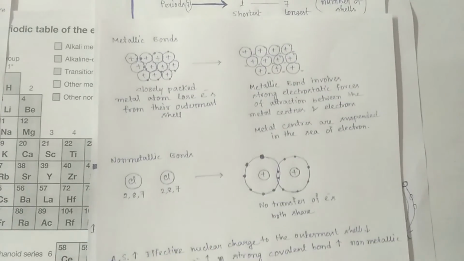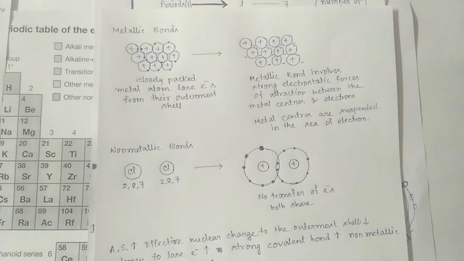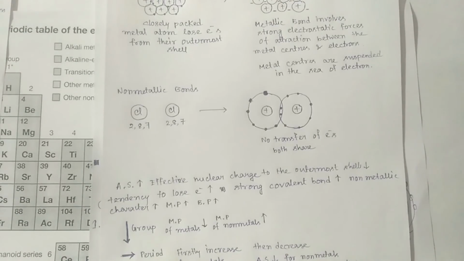So when the atomic size increases going down a group, the melting point of metals reduces, because the metallic atoms become greater in size than before, and thus the force between the atoms reduces because of their size.